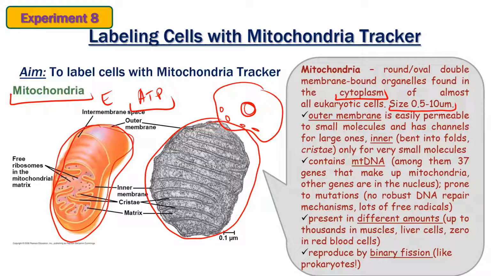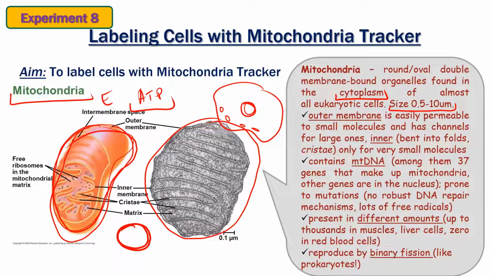For example, if you take the mouse stem cell, it would have spherical mitochondria, which is the characteristic of this type of cell. However, in the human body, they are usually prolonged oval-shaped structures.